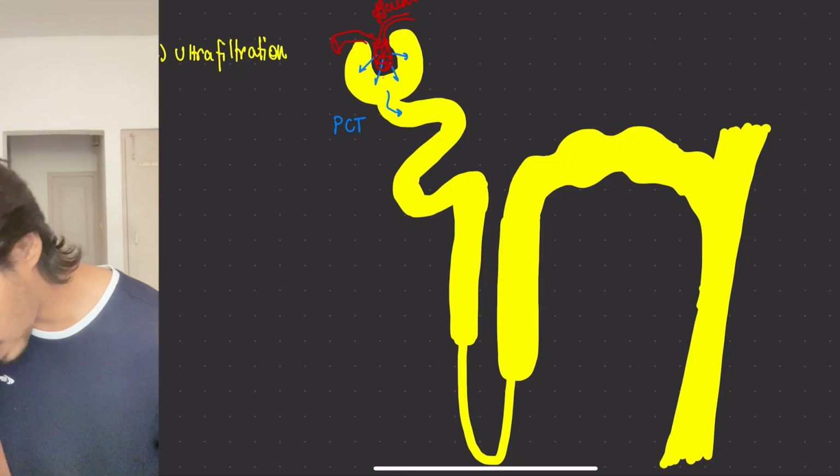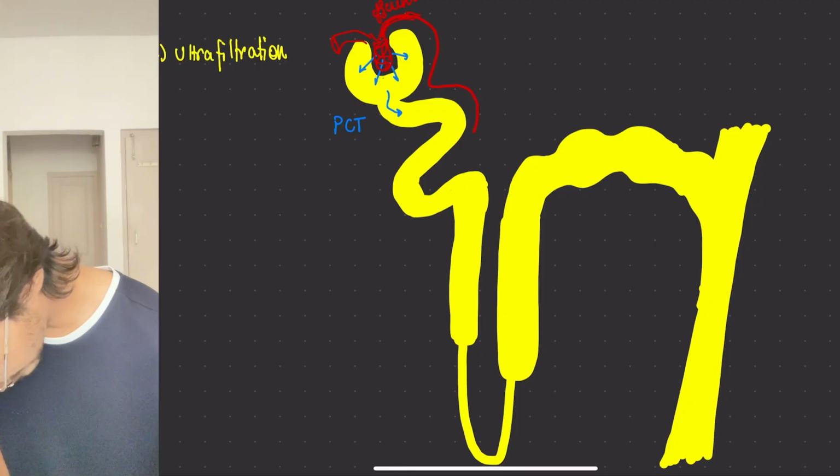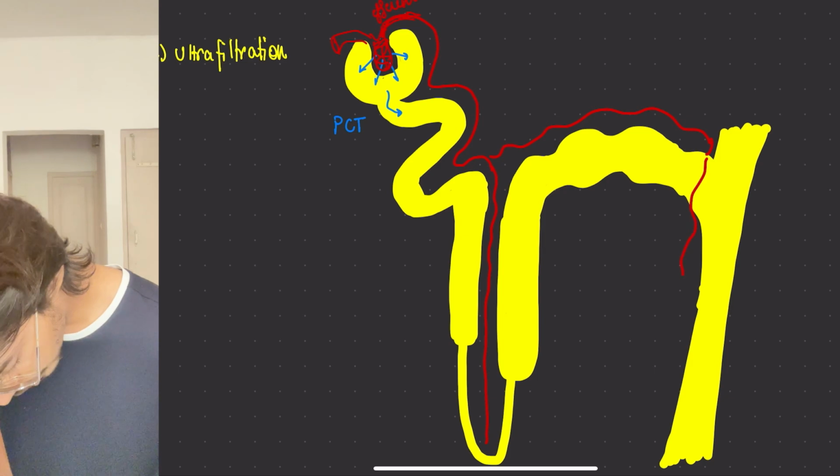This efferent arteriole forms what? It moves around this whole structure. It has branches over here also. Branches are going here also.